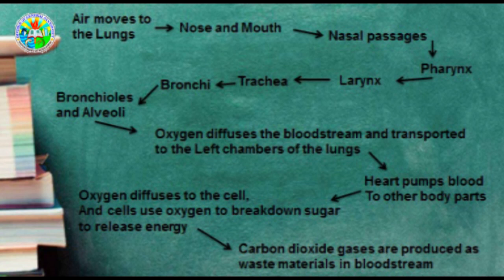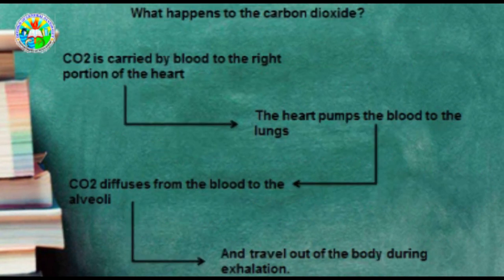As the oxygen diffuses, the cells use the oxygen to break down sugar to release energy. As a result, carbon dioxide gas is produced as waste material in the bloodstream. What will happen to the carbon dioxide?